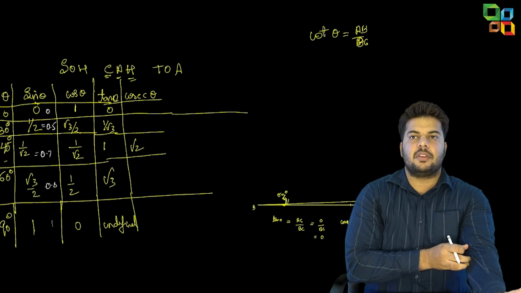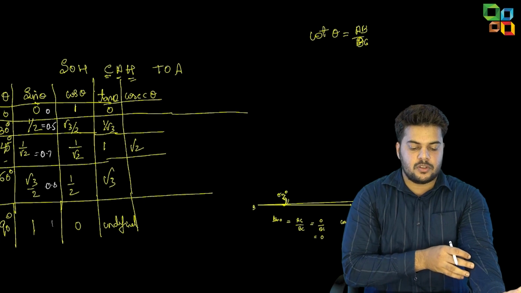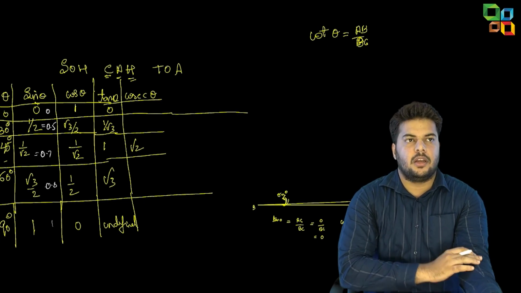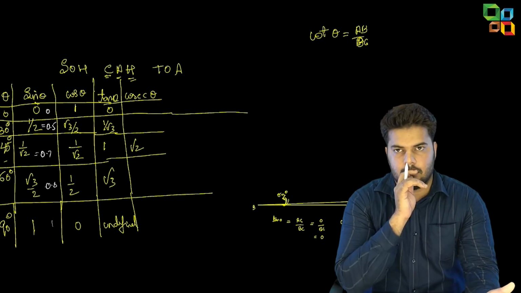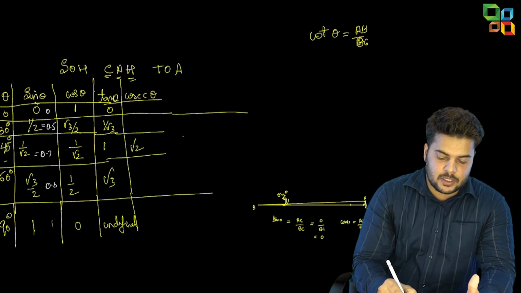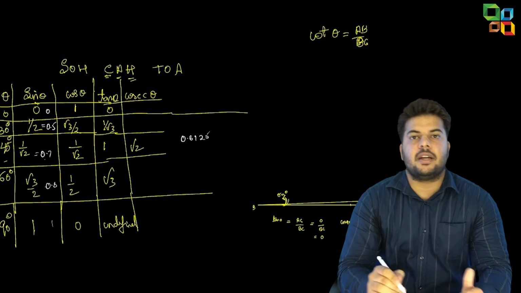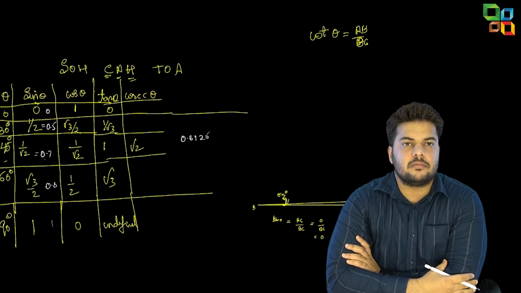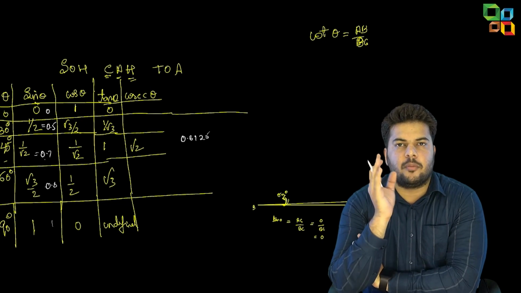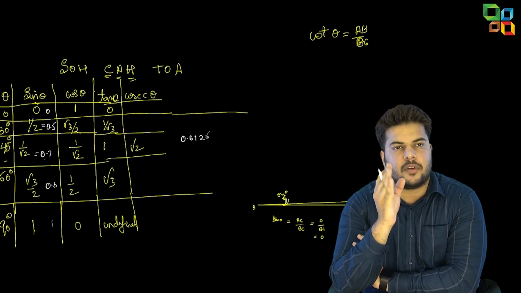It is closer to 45 degrees, this value 0.625. That value is closer to 45 degrees than it is to 30 degrees, isn't it? Even if your best guess is exactly in half, that is also fine.